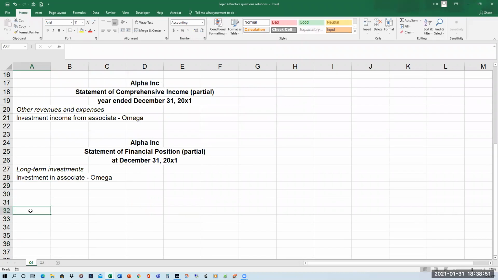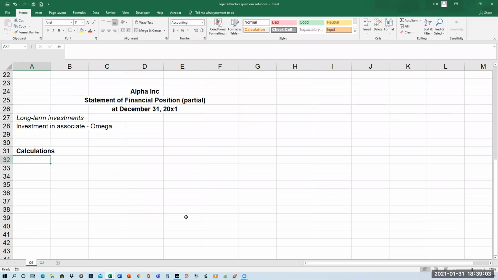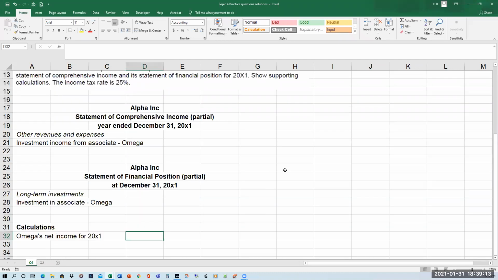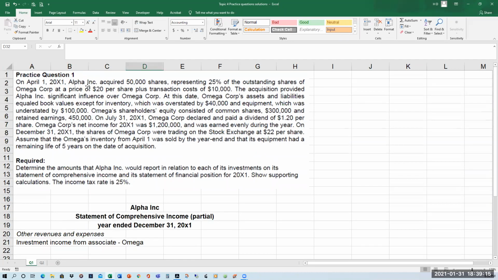So here are some calculations then. First of all, calculation of investment income. Omega's net income for 2001. Because Alpha acquired significant influence on April 1st, Alpha will start claiming its share of income from April 1st.